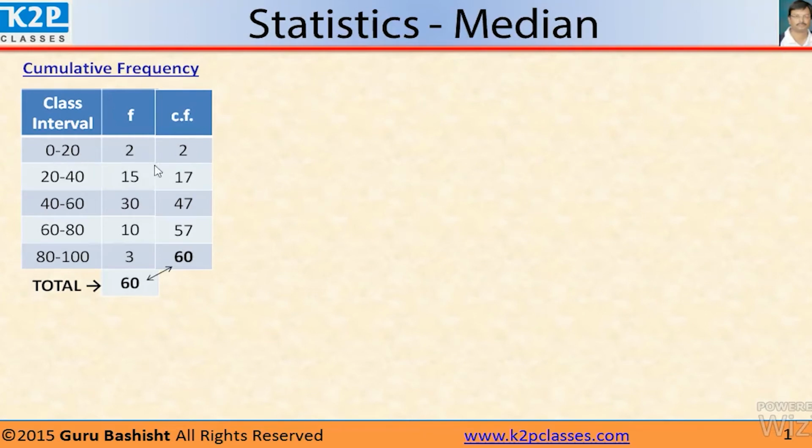For the first row, it will be the same as frequency. Then for the next row, it will be the frequency of the second class plus the frequency of the first row: 15 plus 2, that is 17.